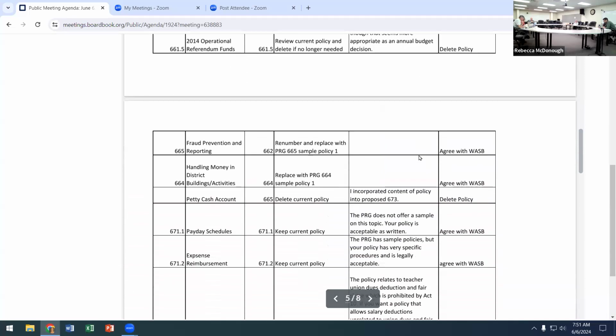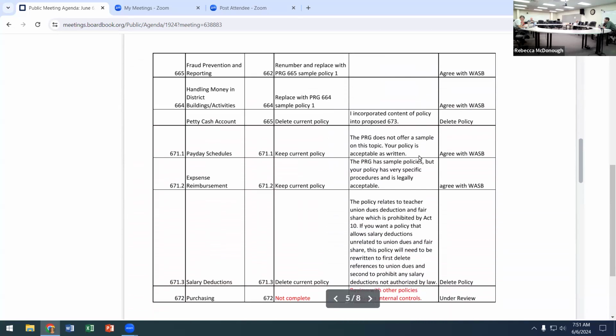665, fraud prevention and reporting. We are renumbering this and also aligning it with the PRG, so we are adopting the PRG version of this. 664, which is handling of money in district and building activities.